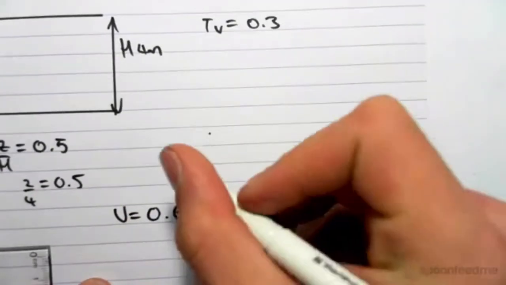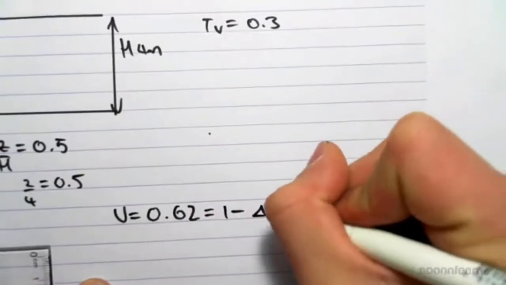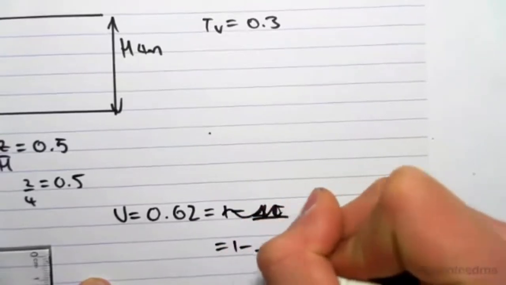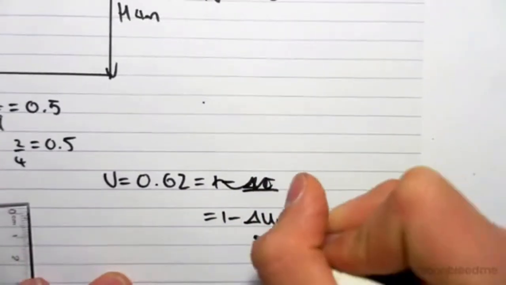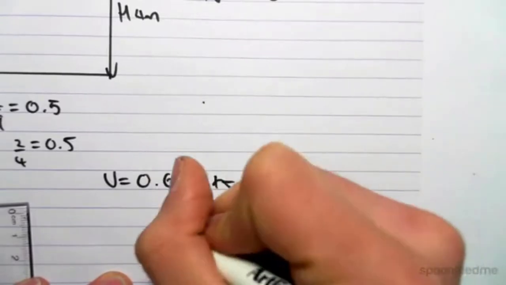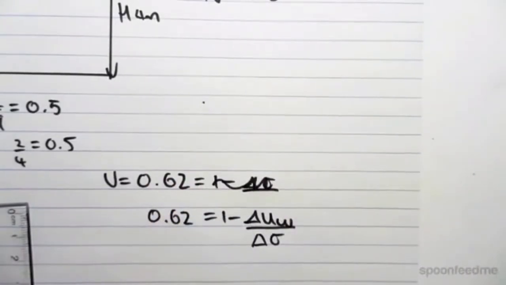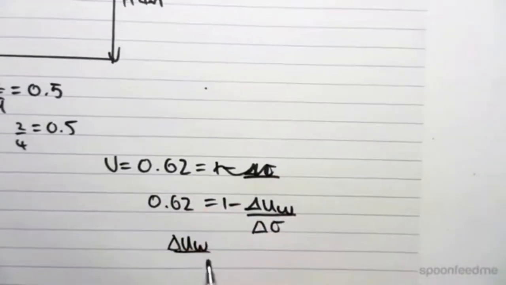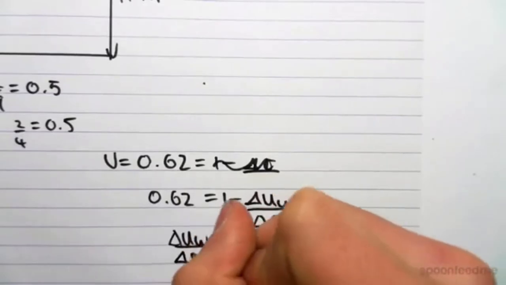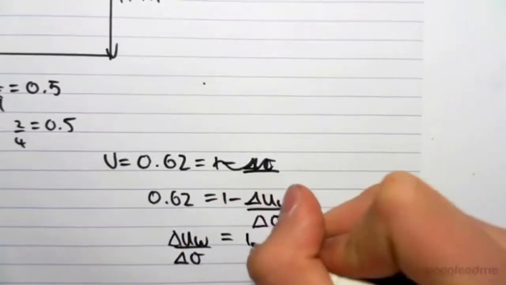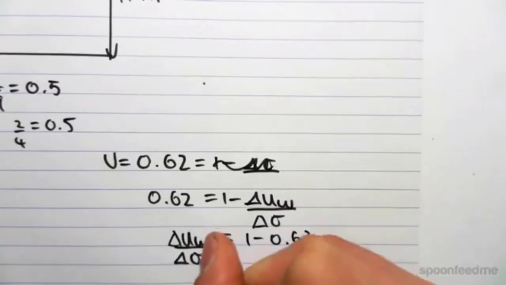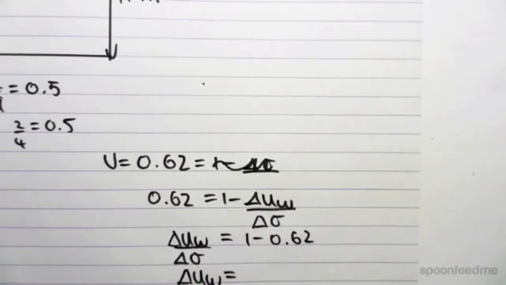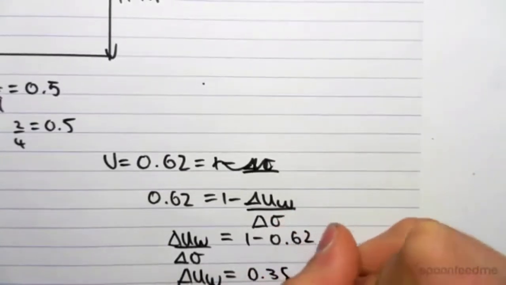So if U equals 0.62, we know that it equals 1 minus the change in the pore water pressure, the excess pore water pressure, over the change in the total stress applied. So the change in the excess pore water over the change in the total stress would equal 1 minus 0.62, which is 0.38.